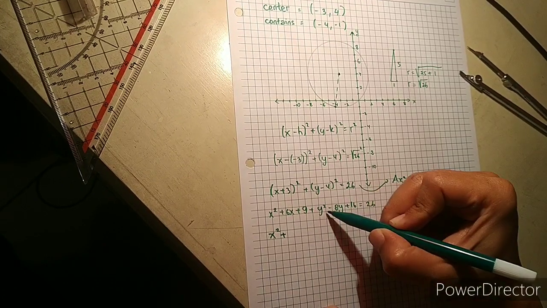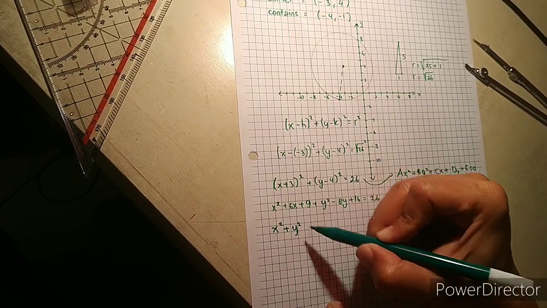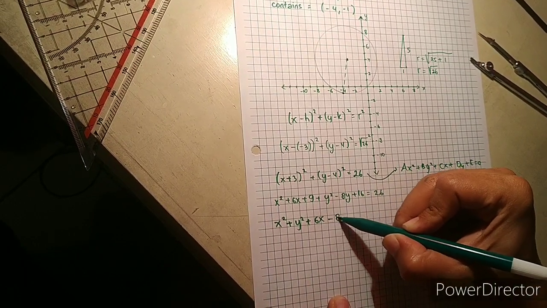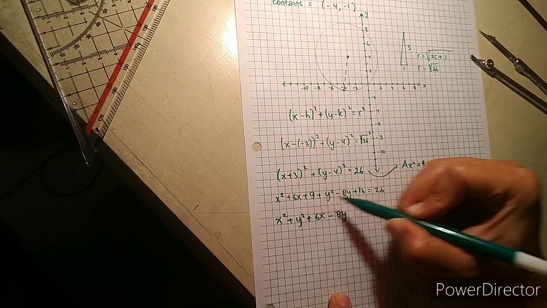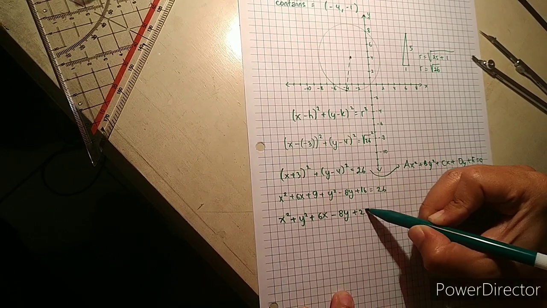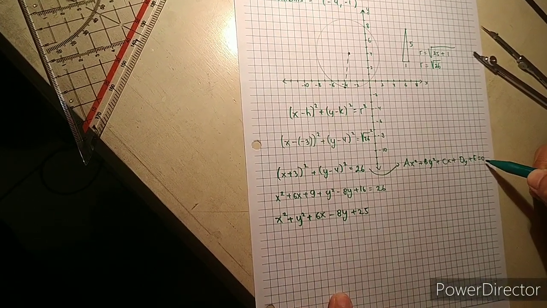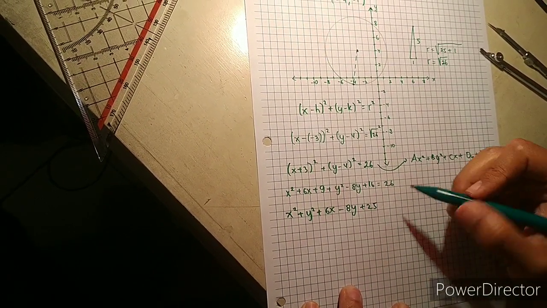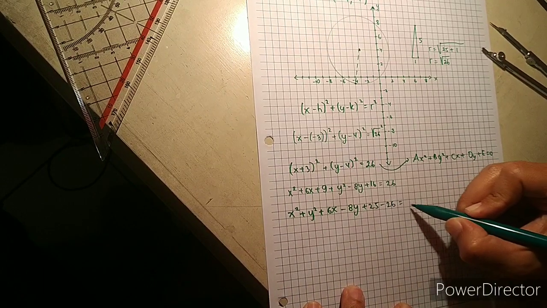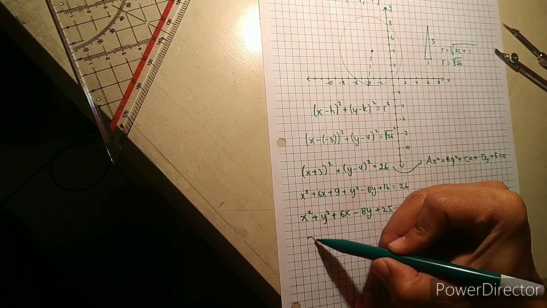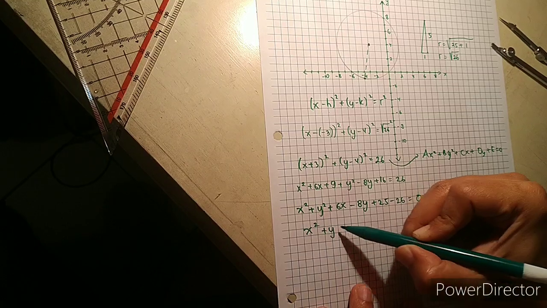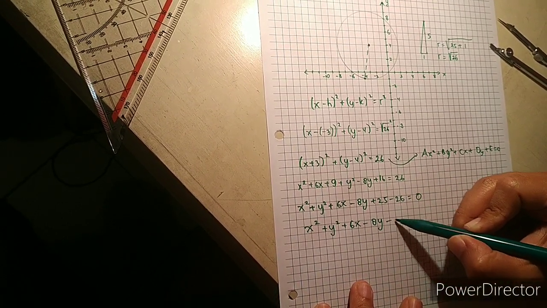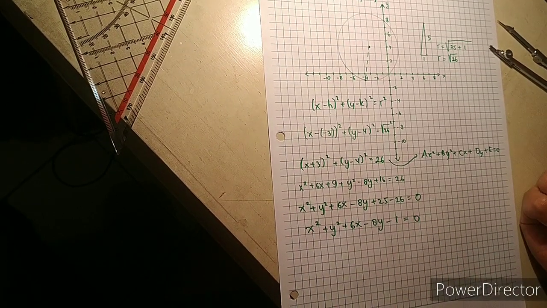So x squared plus y squared plus 6x and then minus 8y, and then add plus 25, and since we need 0 on the right side, you subtract both sides by 26. So we have this. The final answer of the circle equation is this.